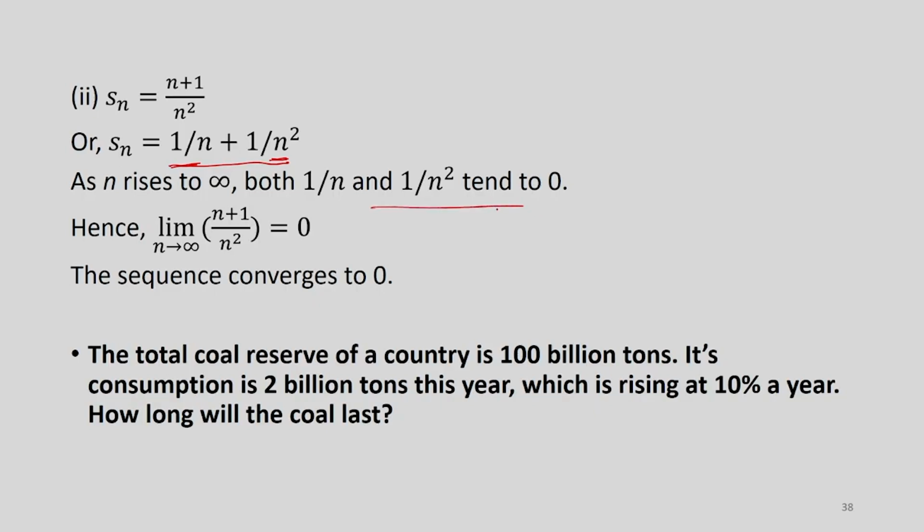So, both of them tend to 0. Therefore, limit n goes to infinity Sn is equal to limit n goes to infinity n plus 1 divided by n square, and that is equal to 0. Now, 0 is a constant, therefore, the sequence actually converges to 0.